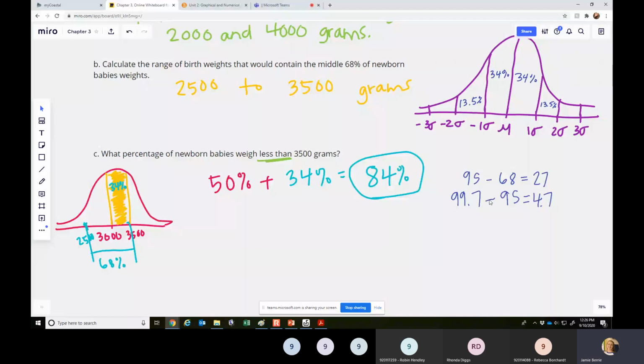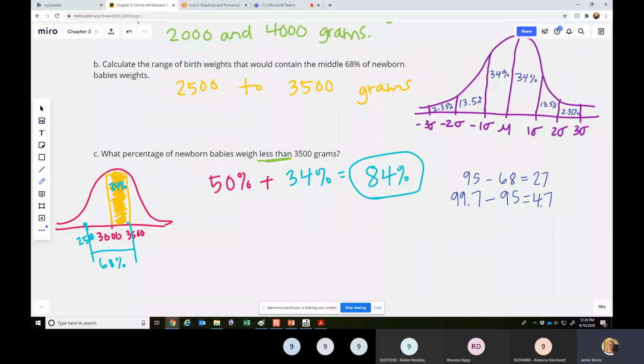All right, so 99.7 minus 95 is 4.7, divided by 2 is 2.35. So 2.35% right here, 2.35% right here. And then this is what's left over in the tails. You get it now?